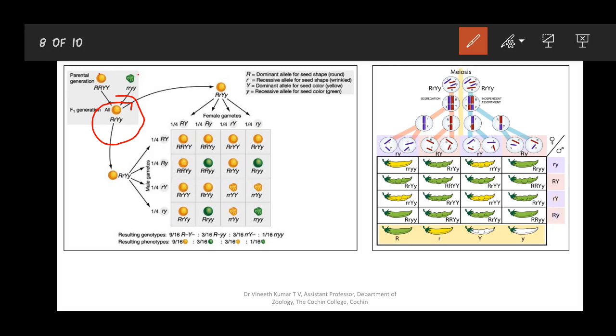That's why in this example, capital R stands for round and capital Y for yellow, taken as the dominant traits, and the others are taken as recessive traits. In the heterozygote formed in the F1 generation, you can see the yellow round seed, and that confirms the dominance of yellow and round seeds.